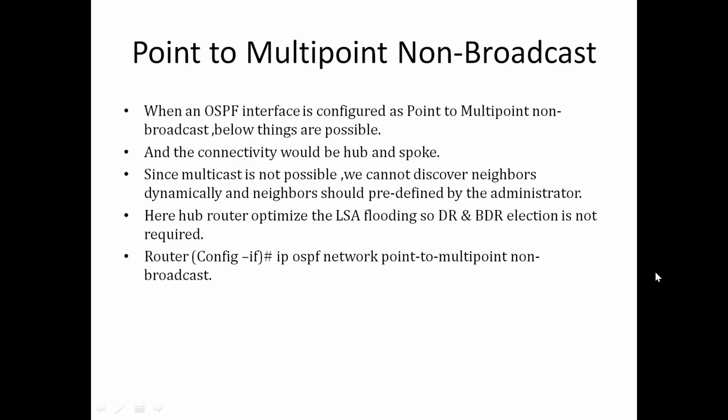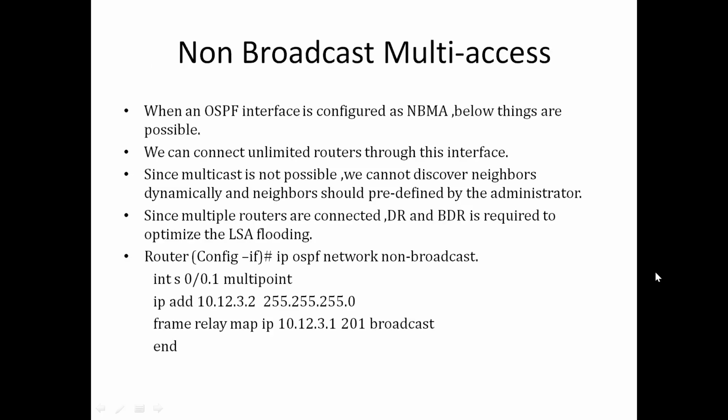The next one is point-to-multipoint non-broadcast. Here, when an OSPF interface is configured as point-to-multipoint non-broadcast, the connectivity would be like hub and spoke. And since multicast is not possible, we cannot discover neighbors dynamically. A neighbor should be predefined by the administrator, like the previous one, non-broadcast multi-access.